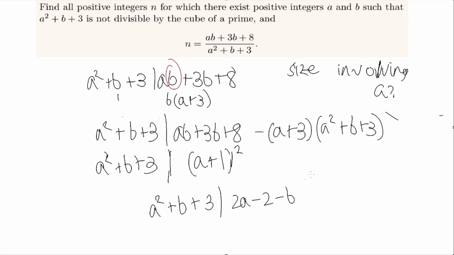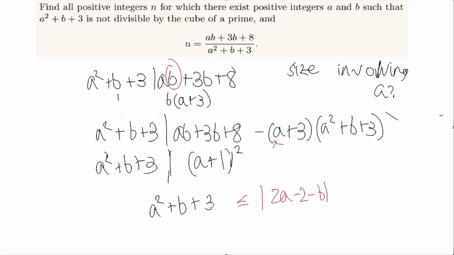And let's go ahead and assume for now that 2a minus 2 minus b is not 0, because that's the weird case when trying to use divisibility. Then if it's not 0, then the absolute value of this is less than or equal to the absolute value of this. So 2a minus 2 minus b. And then there are two cases to consider, because this absolute value here can be eliminated.